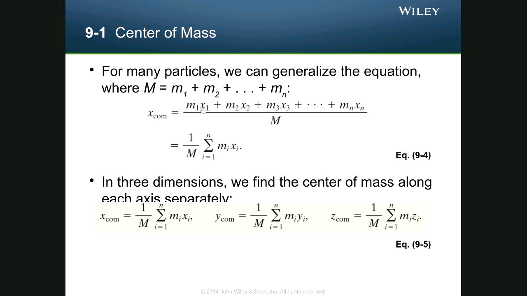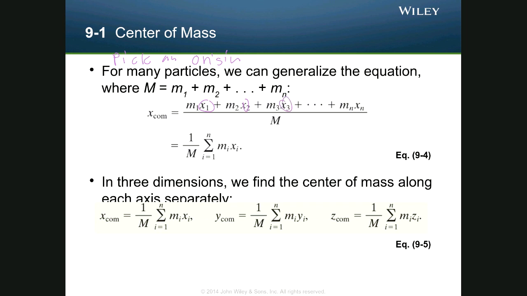So first we have to pick an origin. That's what it's saying here, right? And after you do that, that will give you these x1, x2 values for each particle. Each particle will have a coordinate position on the x-axis.